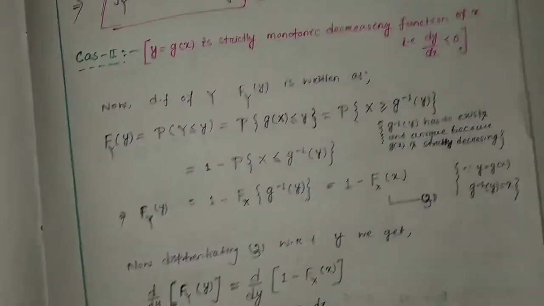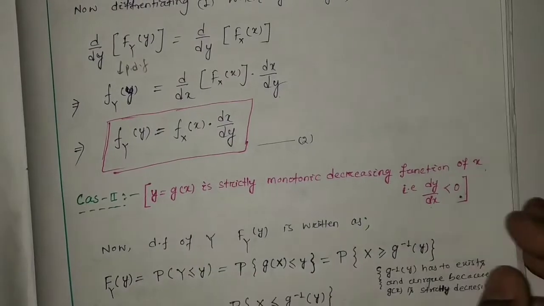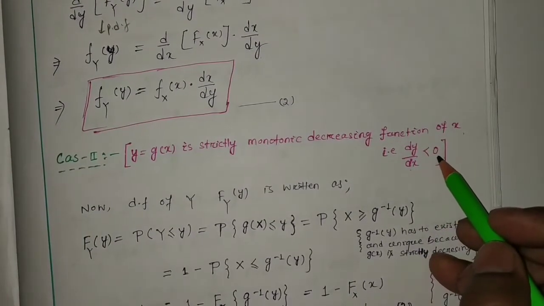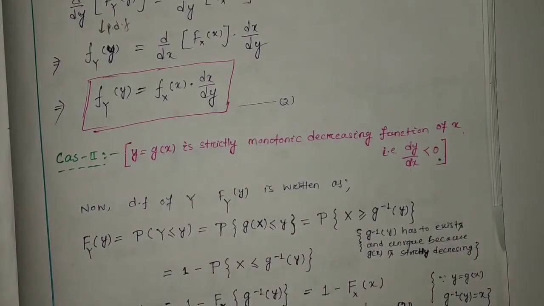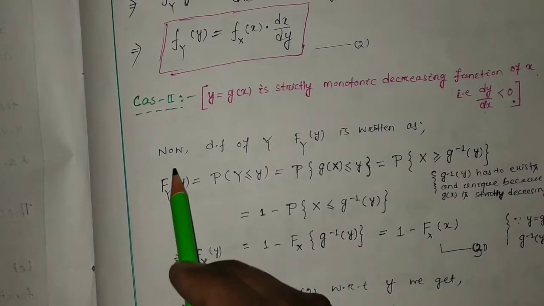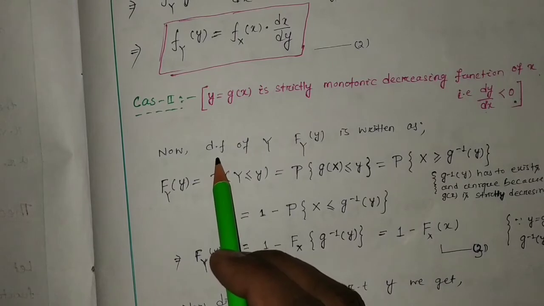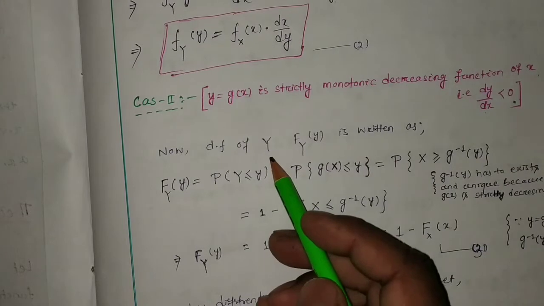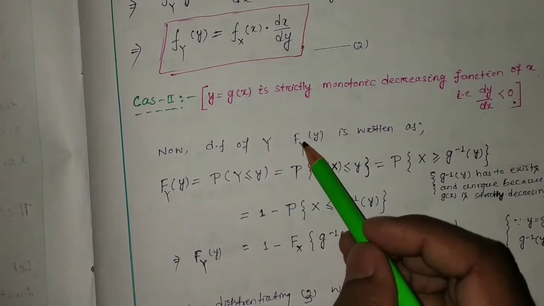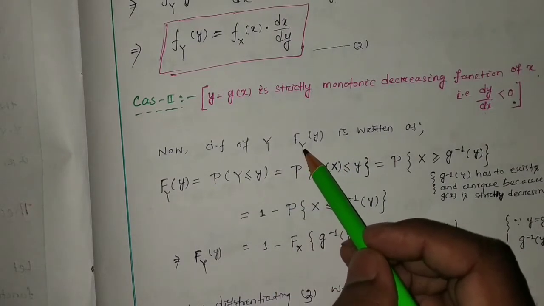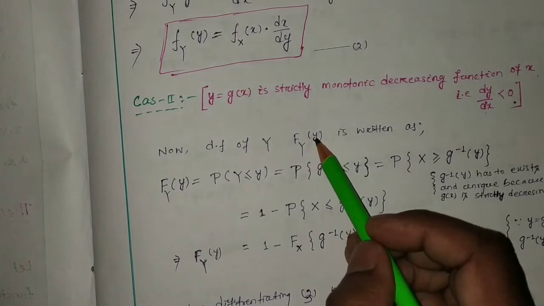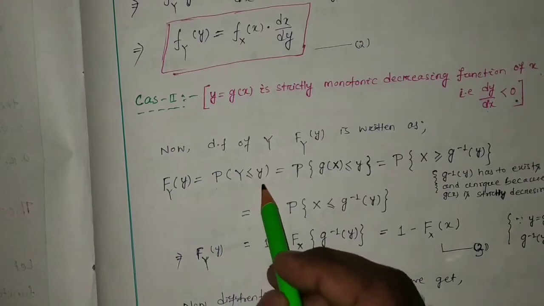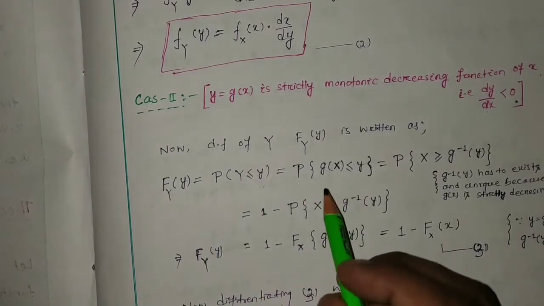Now we are going to go for the monotonic decreasing function of x, where dy by dx is less than 0. So now the distribution function of a random variable y is in general written as capital F subscript y of y, which is the probability of Y less than or equal to y.